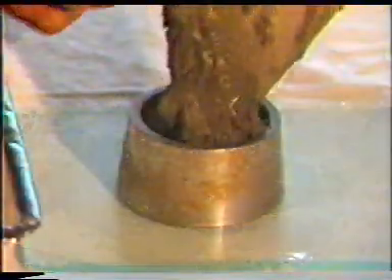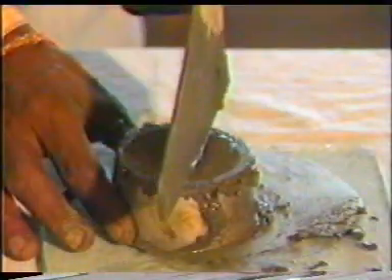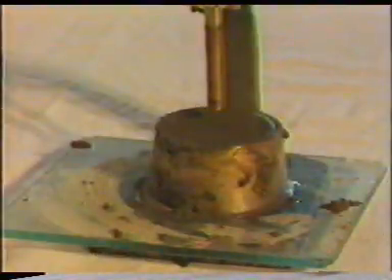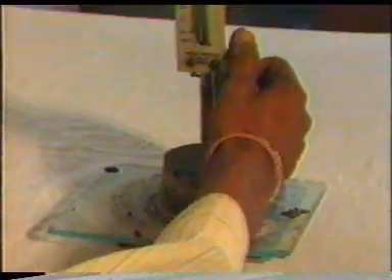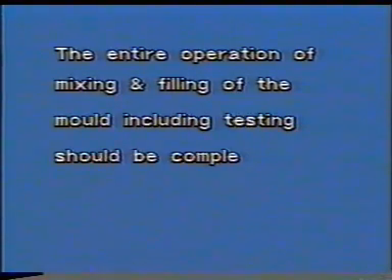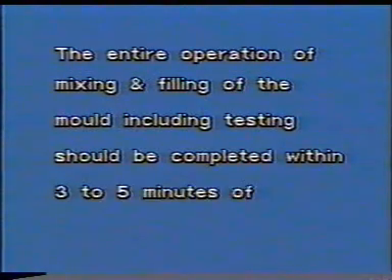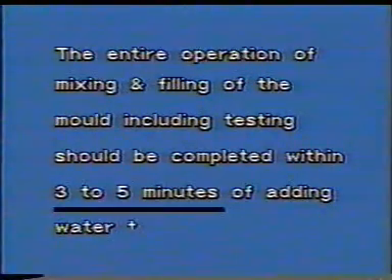The operations of mixing, filling, leveling, and testing of the sample should be repeated till 5 to 7 millimeter penetration is obtained. The entire operation of mixing, filling of the mold, including testing, should be completed within 3 to 5 minutes of adding water to the sample.